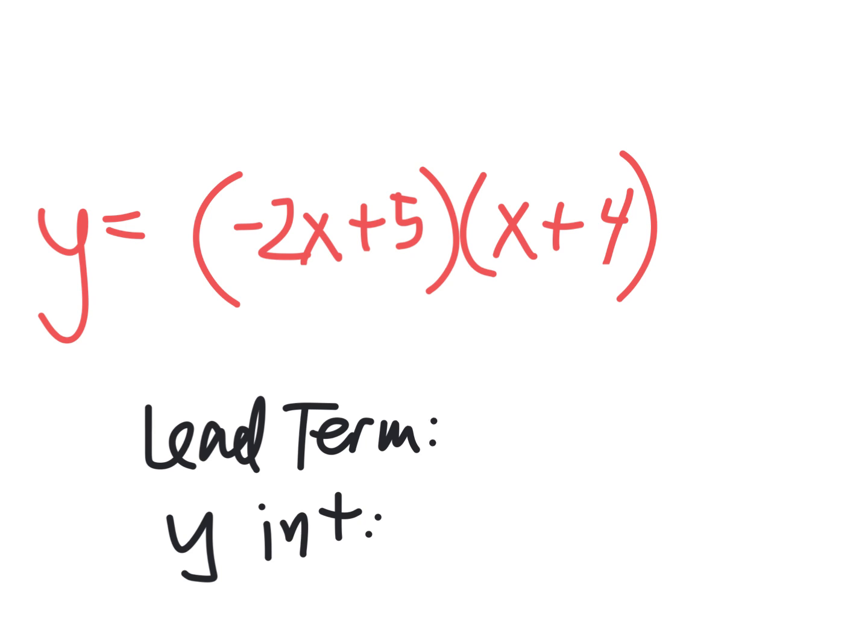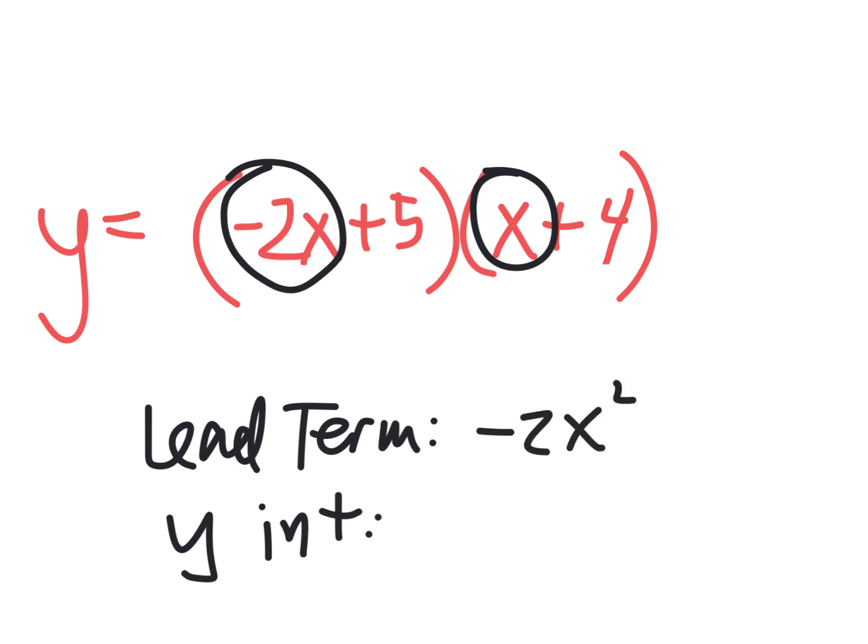We're about 3 minutes from being done. Hannah, what's the lead term? Nice. Negative 2x, and then there's another x, so negative 2x squared.